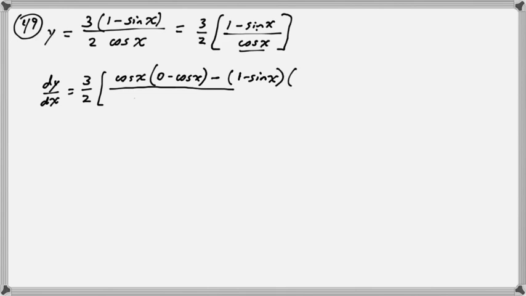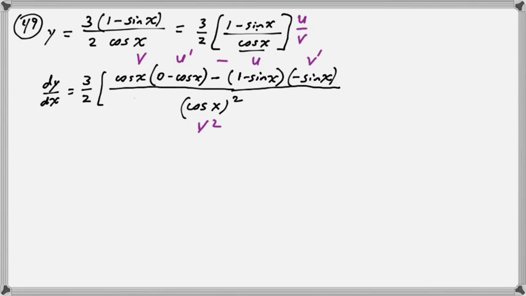What's the derivative of cosine? Negative sine. And it would all be divided by the bottom squared. So again, if this is u over v, it's a bottom derivative of the top minus the top derivative of the bottom all over the bottom squared.